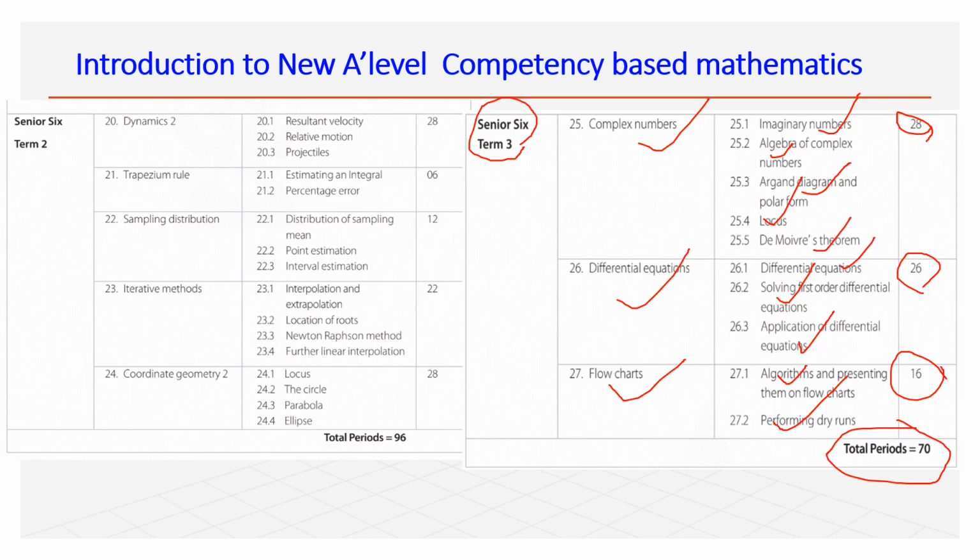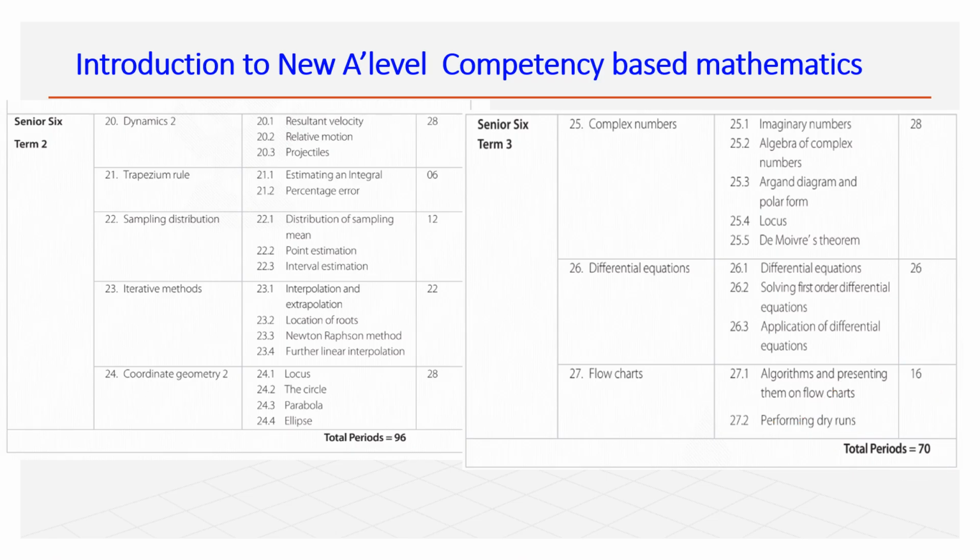Now, this is my advice to all scholars who decided to go with mathematics as their discipline among the combinations you're having. First and foremost, it is going to be a daily practice.